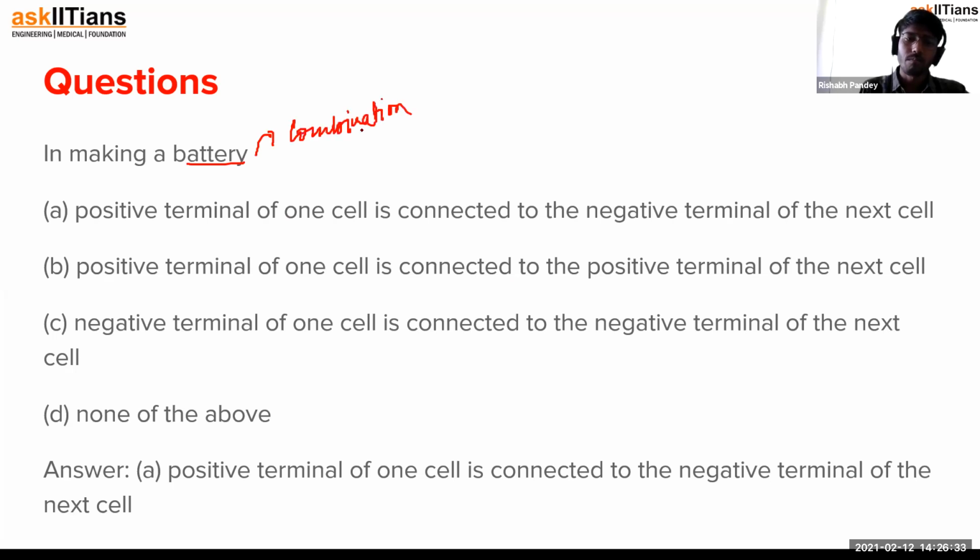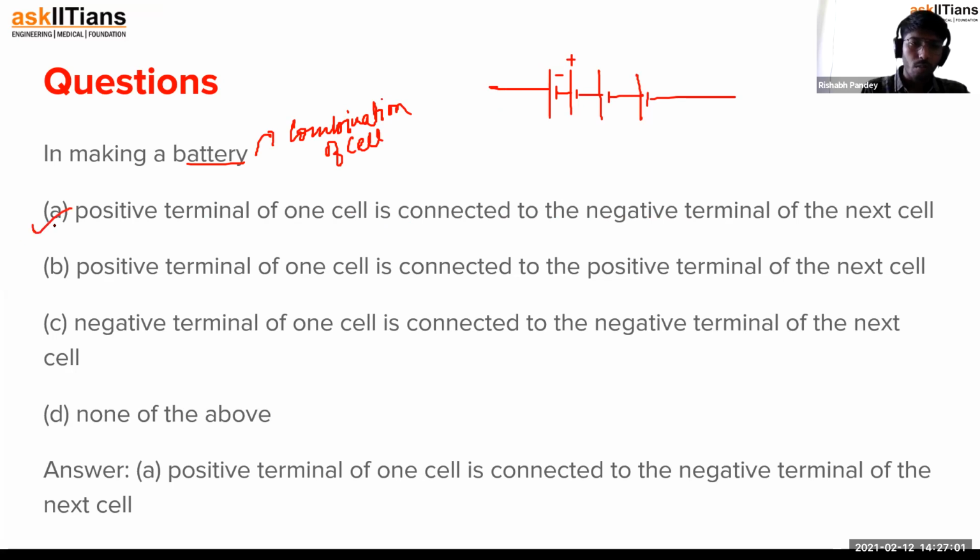If I want to combine a number of cells, it should look like positive, negative, positive, negative, and so on. So the positive terminal of one cell is connected to the negative terminal of another cell. This is true.